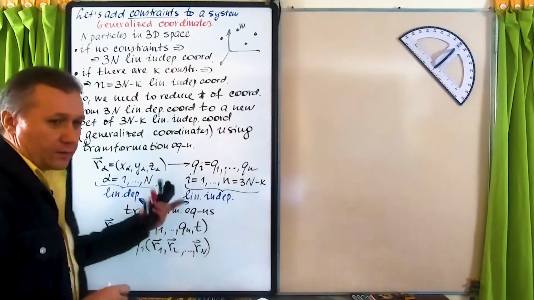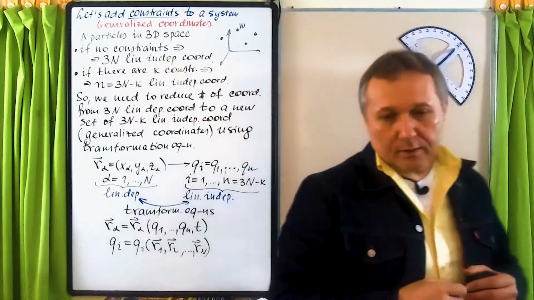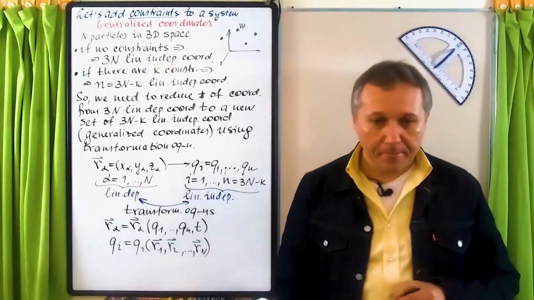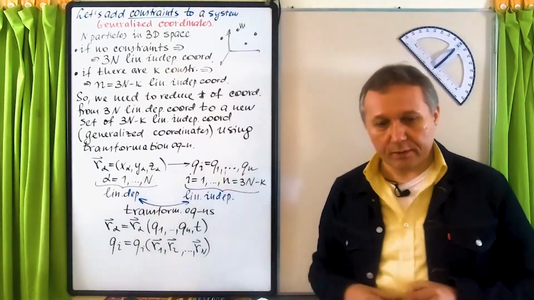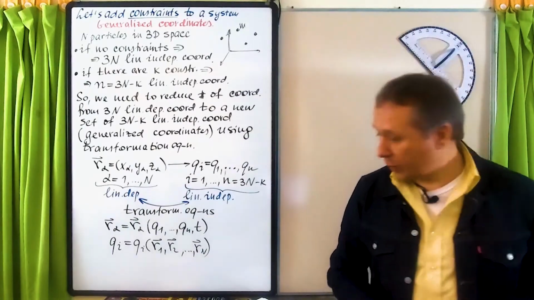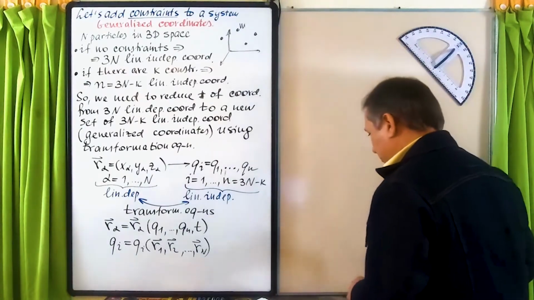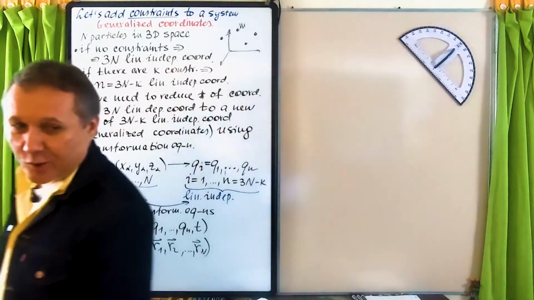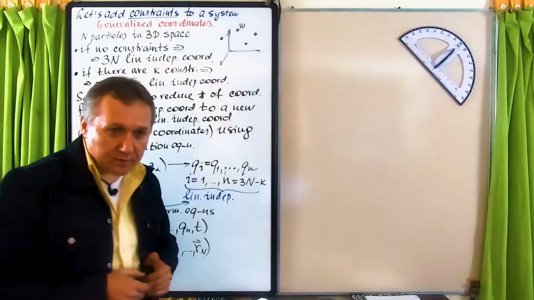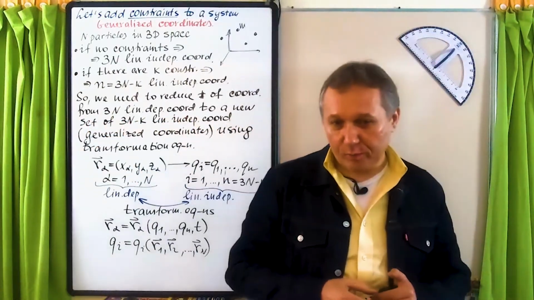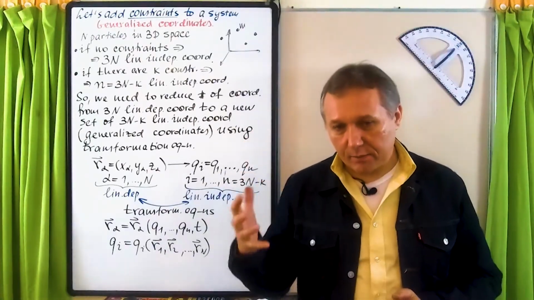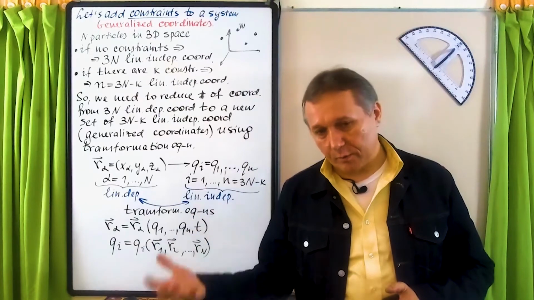So this will lead us from generalized to the old coordinates, and this will lead us from the old to a new set of generalized coordinates, right? So that's one of the most important terms in Lagrangian formalism. Every time before you can start writing down the Lagrangian and start solving problems using Lagrangian formalism, you have to make a decision which generalized coordinates you're going to use.